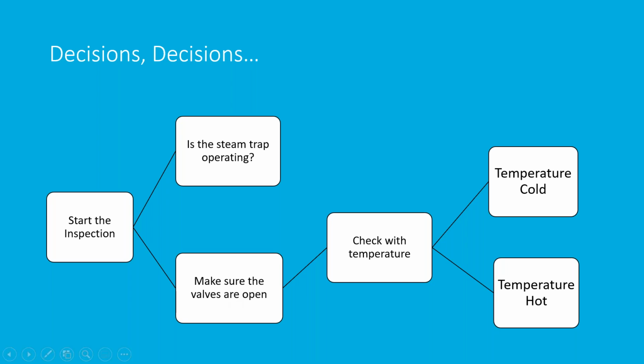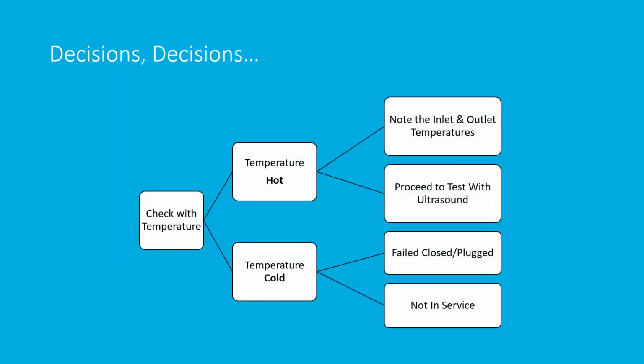So if that trap is operating, if the valves are open, then we want to check with temperature first. So you always want to check with your spot radiometer first. So if the temperature is cold or the temperature is hot. If the temperature is cold, we need to determine, again, if the valves are closed, more than likely it's not in service.